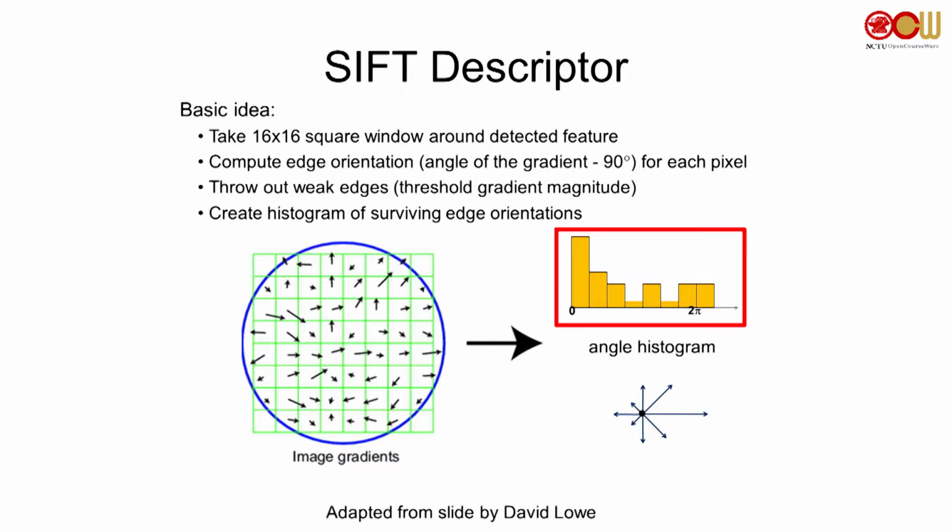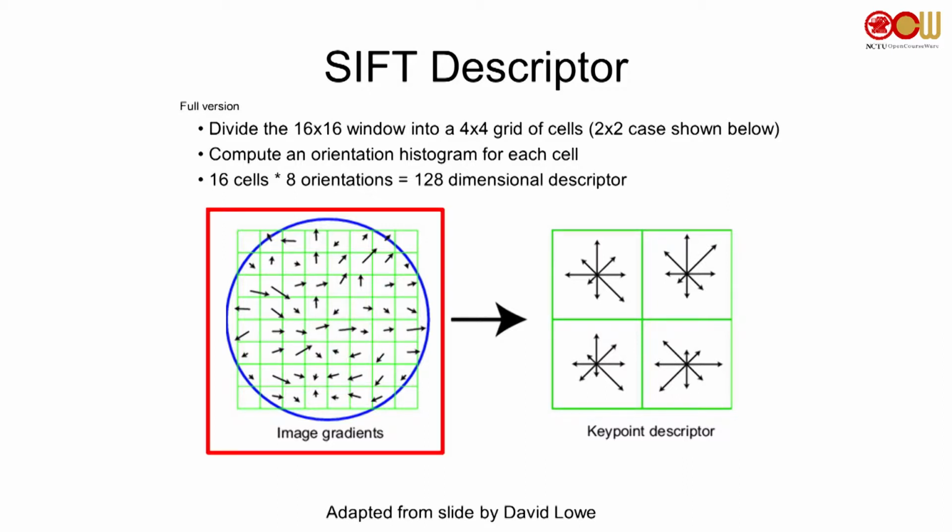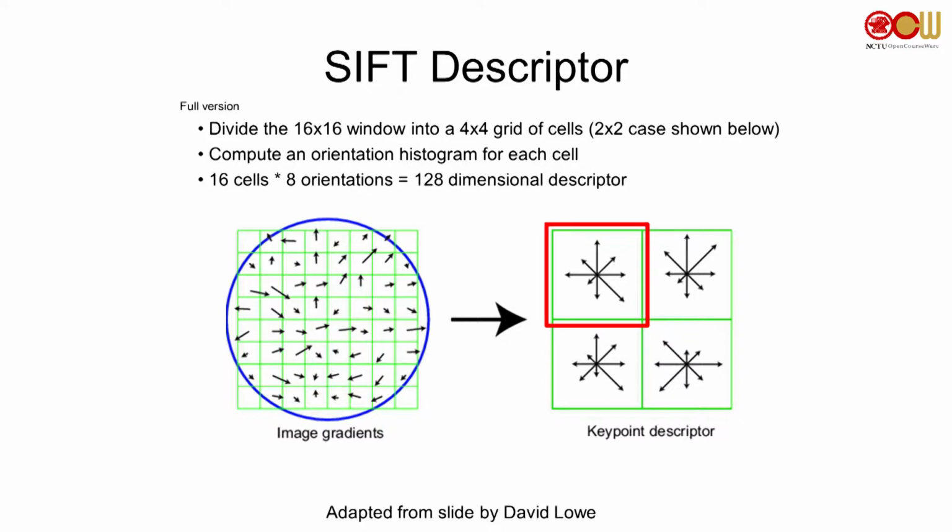According to the orientation, you have a range from 0 to 2 pi, and the orientation is quantized to only 8 directions. Then from the 16 by 16 window, the algorithm further encodes this image gradient into a descriptor like this. You could think that for those 4 by 4 windows, if we sum them up, we will have a histogram like this.